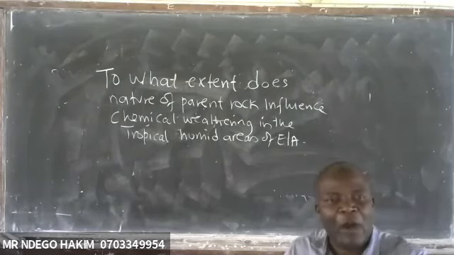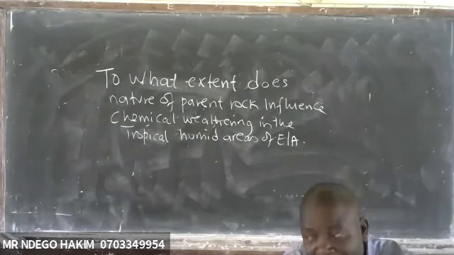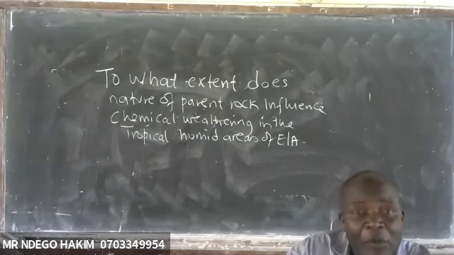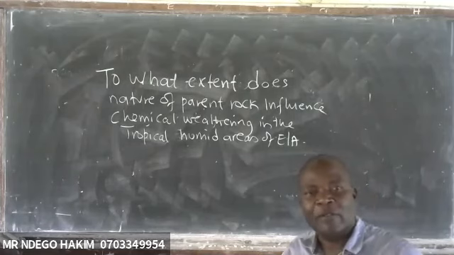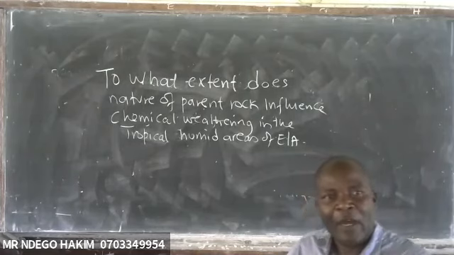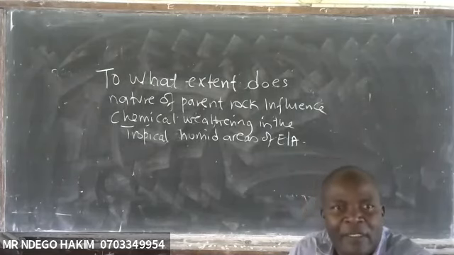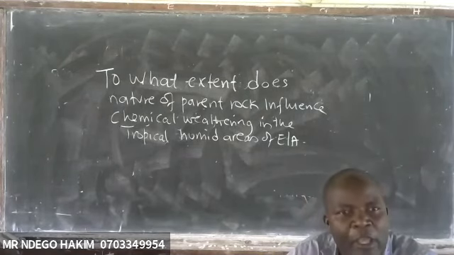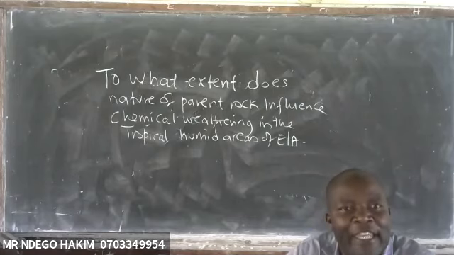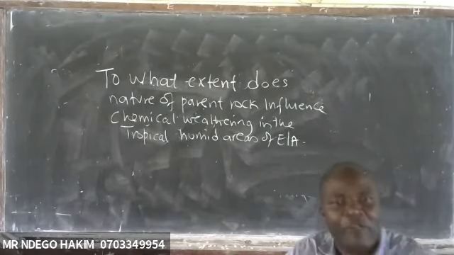Now, suppose you come across that challenge. I've discussed chemical weathering processes, I've discussed tropical humid areas and so on. Now, if you get the challenge, to what extent does nature of parent rock influence chemical weathering in the tropical humid areas of East Africa?